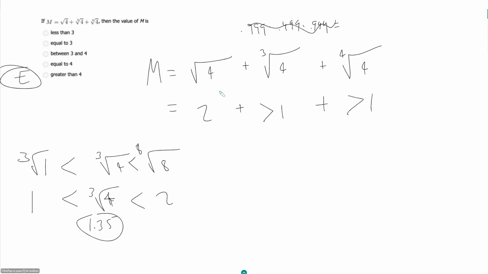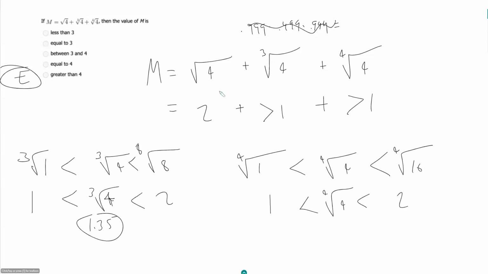So the fourth root of 4 should be in between the fourth root of 1 and the fourth root of 16. Here our range gets a little bit wider, but this is still good enough to tell us that the fourth root of 4 has got to be between 1 and 2.